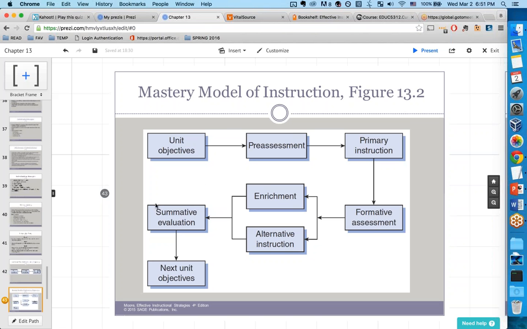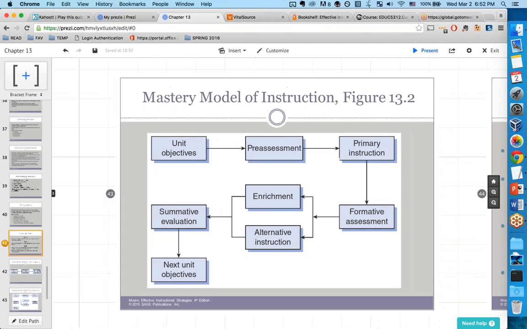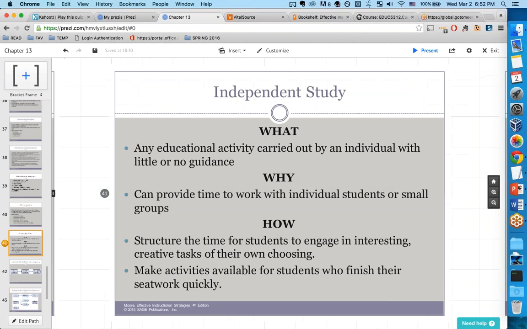Now you can assess their overall learning using a summative evaluation such as a final exam, and then you move on to the next objective. This would be the mastery model, which is ideally what we need to do. Let's go back to independent study.